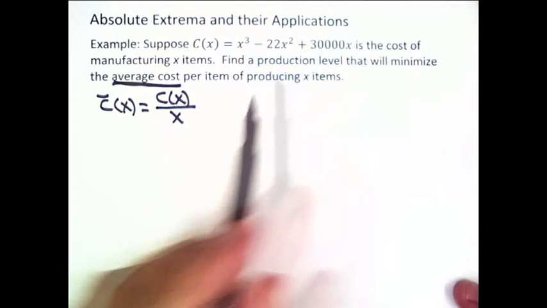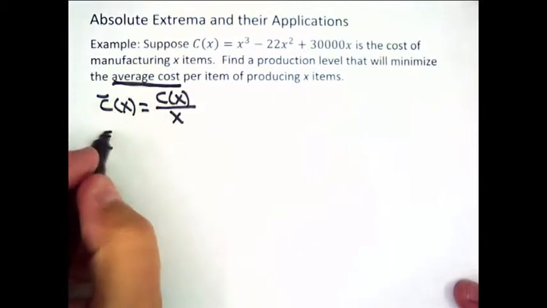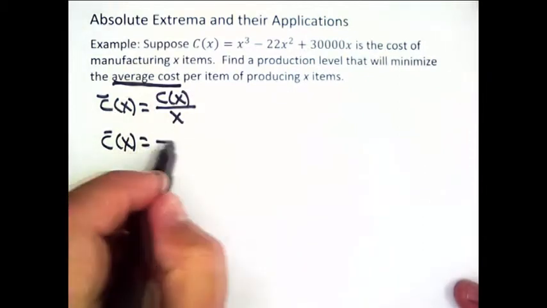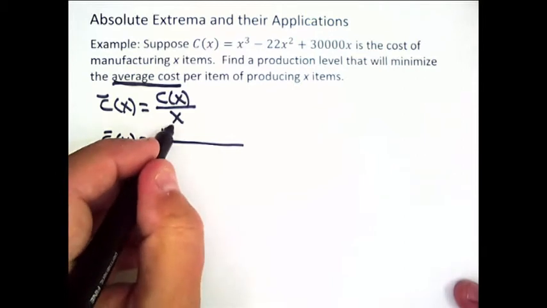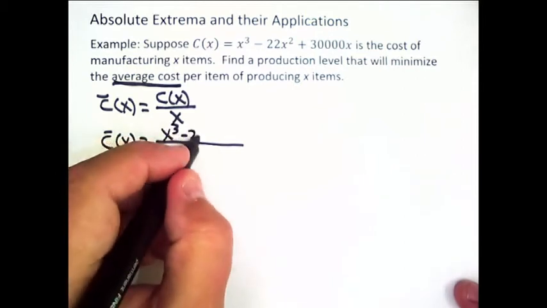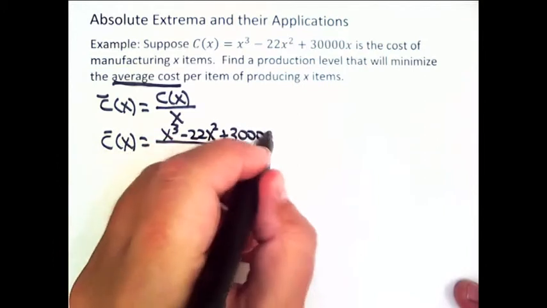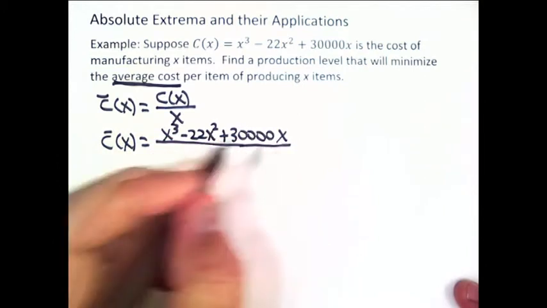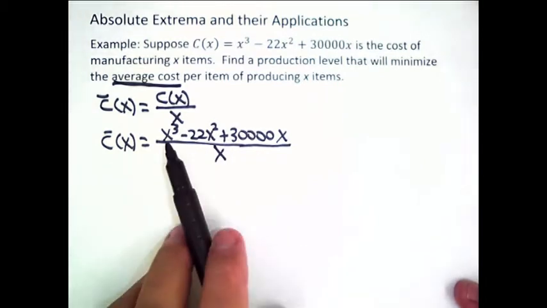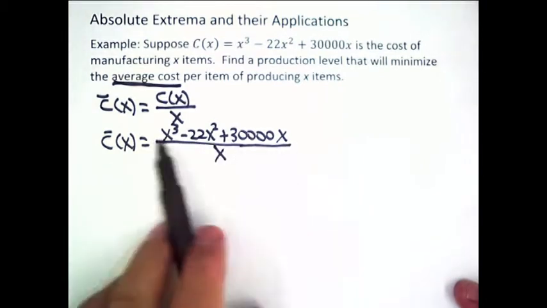Of course here, C of x is this polynomial, x cubed minus 22x squared plus 30,000x, divided by x. Now notice there's an x in everything in the numerator.